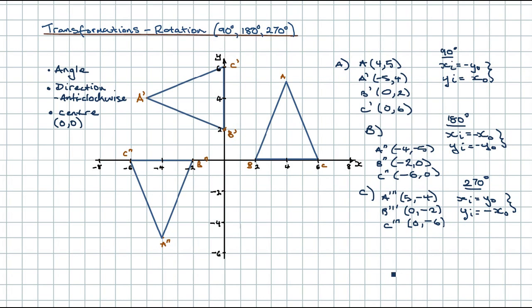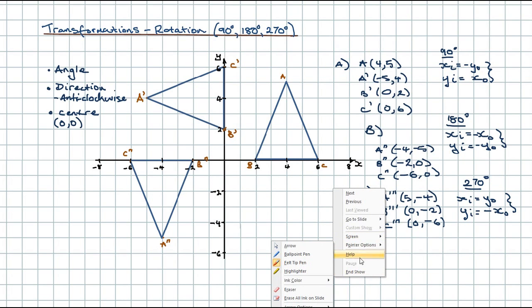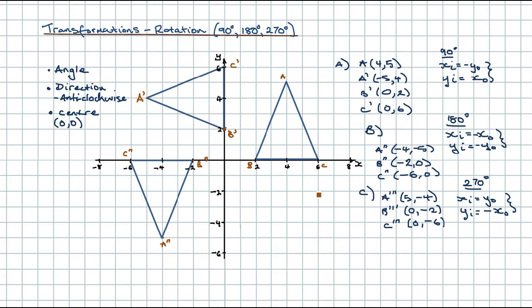Okay, so again, just plotting these on the graph, we have 5, negative 4, so that's here. We have 0, negative 2, so that's here. And we have 0, negative 6, so that's here.